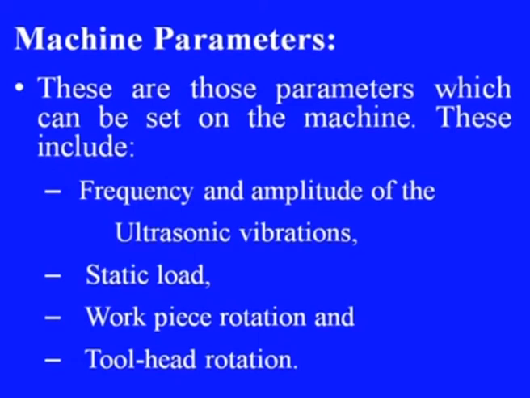In these machine based parameters, frequency and amplitude of ultrasonic vibration are most important as far as the working of the entire machining is concerned. Then static load, of course, influences the material removal rate, and this is also very important.